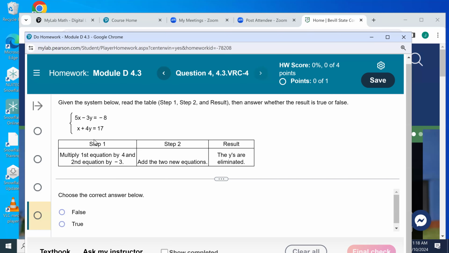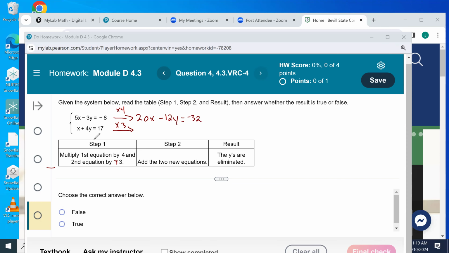So what should this box say? Multiply the first one by 4 and the second one by +3. So let's do it. If I do this one times 4, this one times 3, then I'd get 20x minus 12y equals -32.